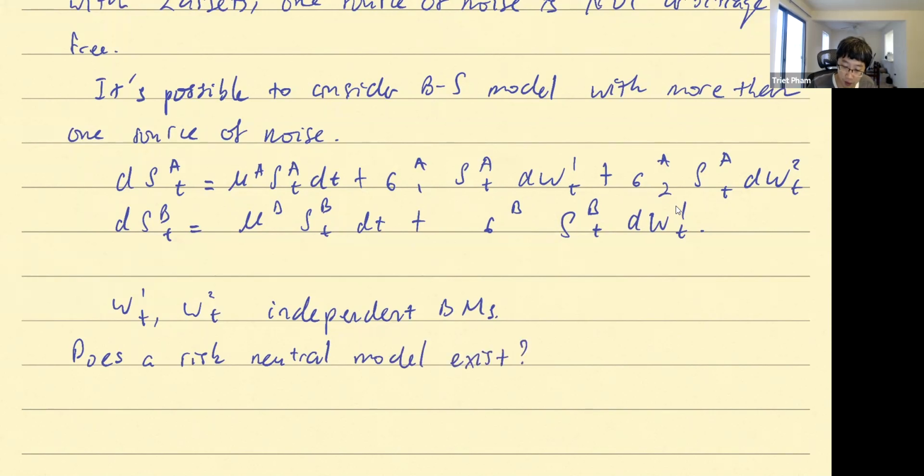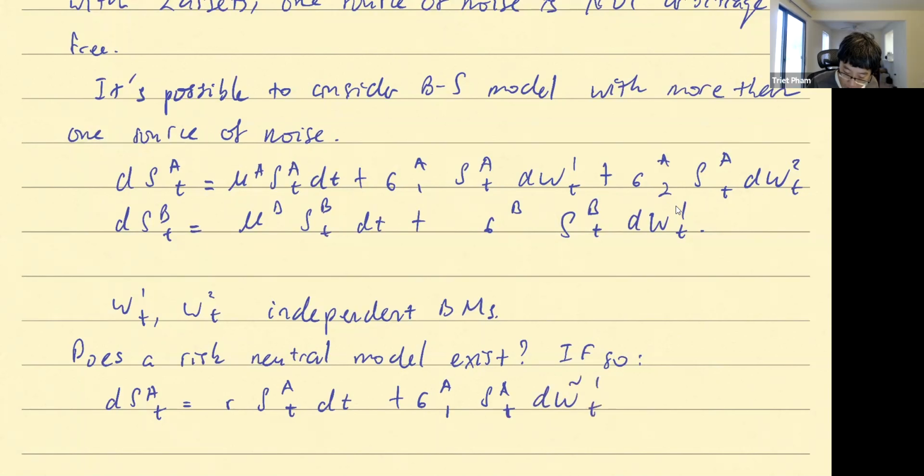If so, then again the same story happens. The return changes to r. The volatility gets kept the same. The Brownian motion changes to the risk neutral version.